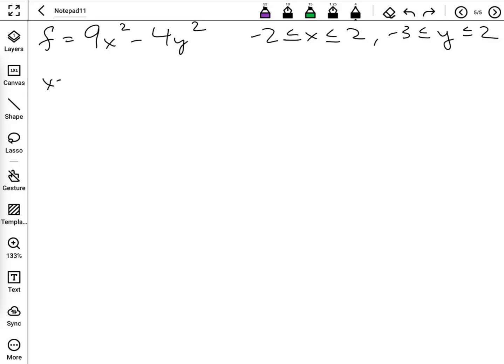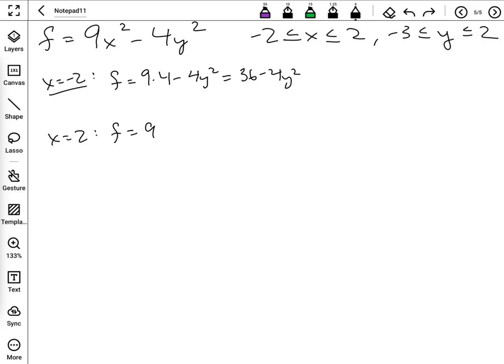So I'm just going to think about my x equals minus 2. 9 times 4 is 36, minus 4y squared, or my x equals 2 is going to give me the same thing because of the squares.